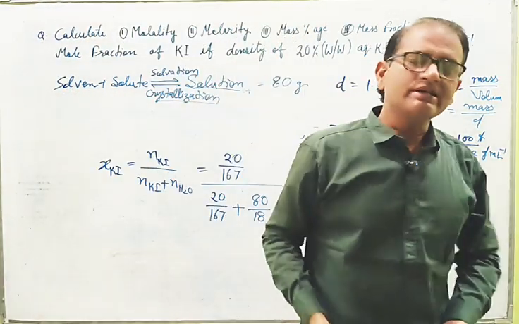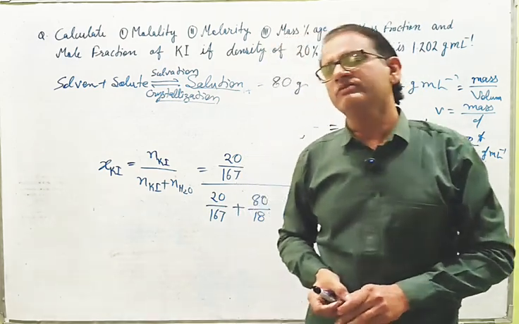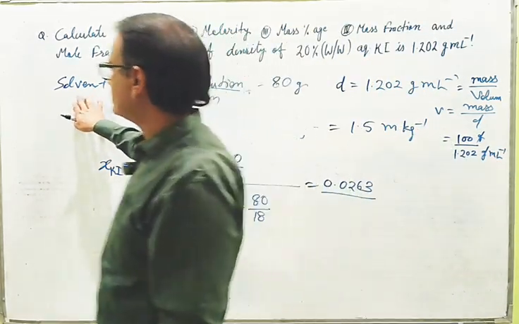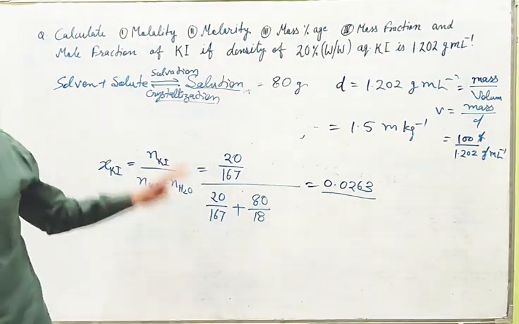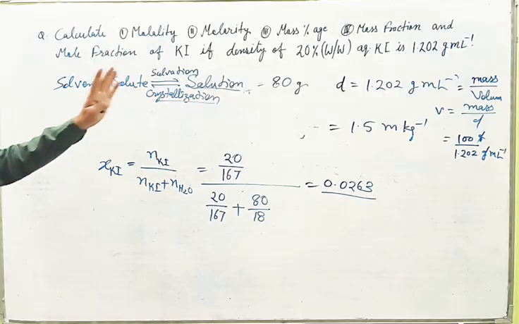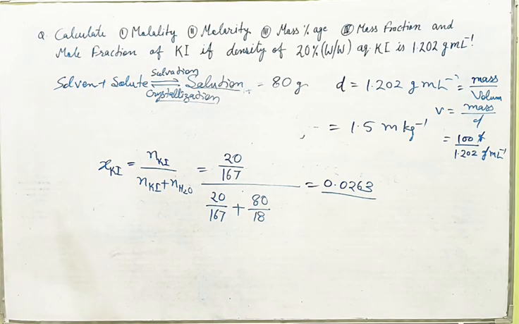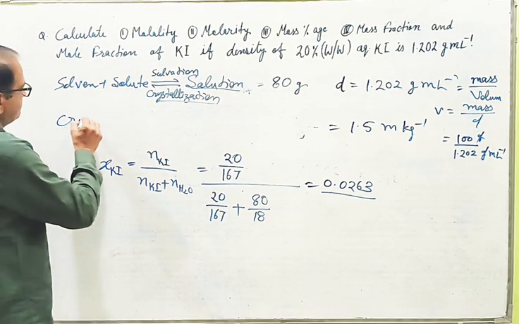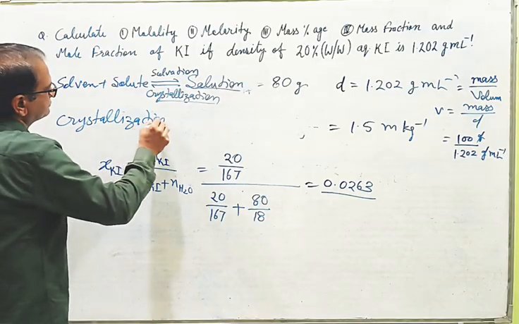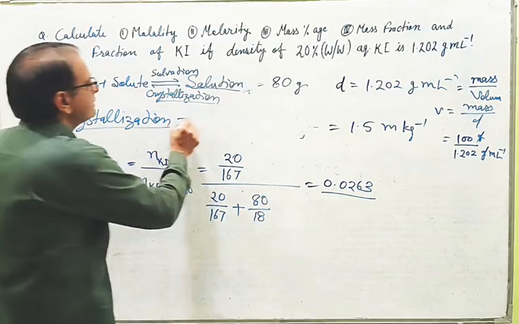Some solvent particles will evaporate, so the amount of solvent will decrease, and the dynamic equilibrium shifts in the backward direction. So crystallization happens.